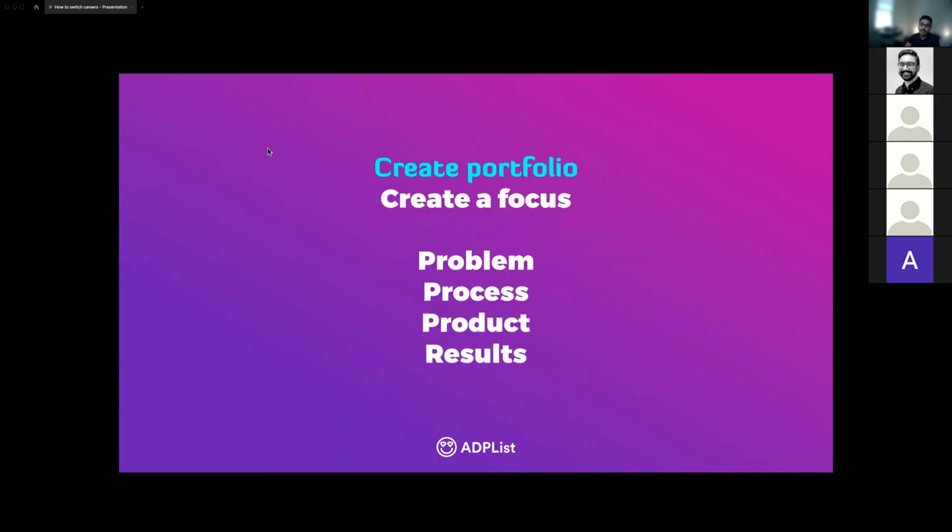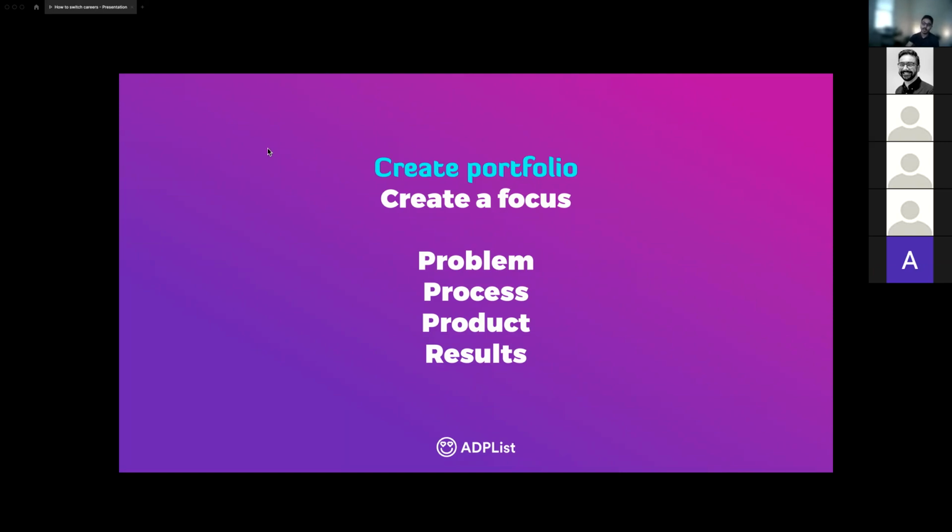Identify a focus. One challenge with career switchers, let's say, for example, if you spent 10 years in one career, try to find a focus for presenting your portfolio so that it's not all over the place. So you might consider multiple websites.